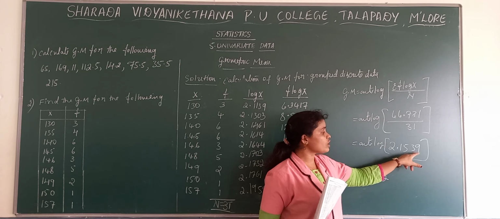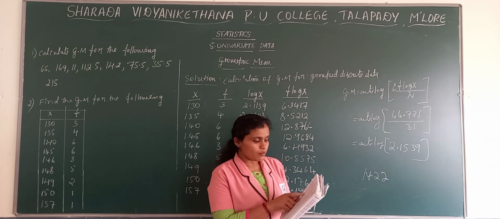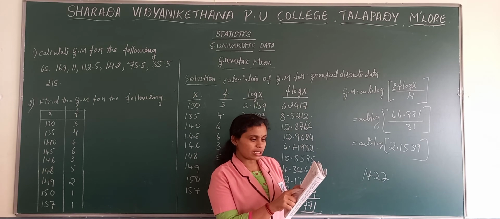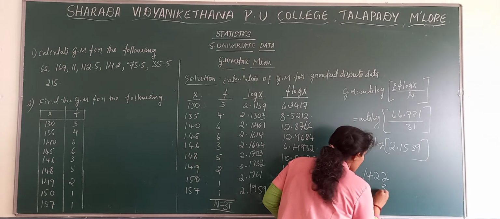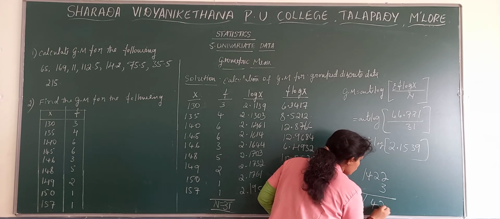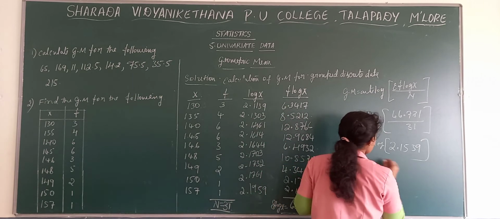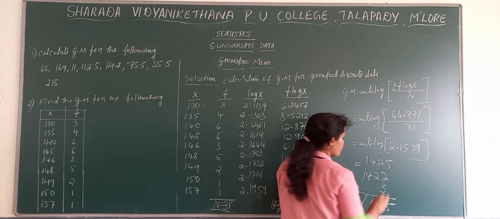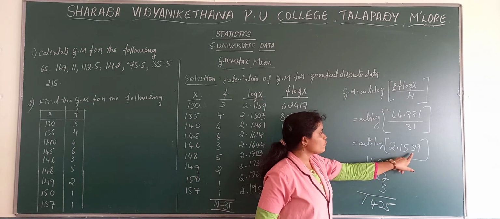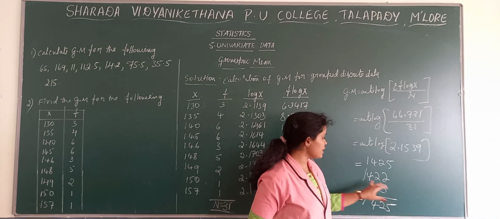Now see there the 15th row, 9th column mean differentiation, you get as 3. So here 1422 is the 15th row, third column value. Add the 9th column mean differentiation, that is 3. So 1425 is your antilog value.